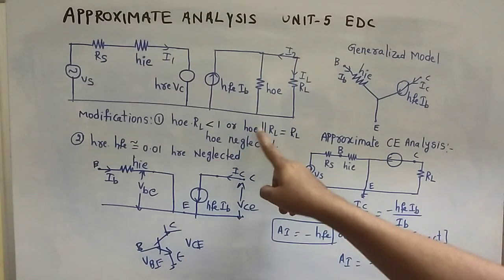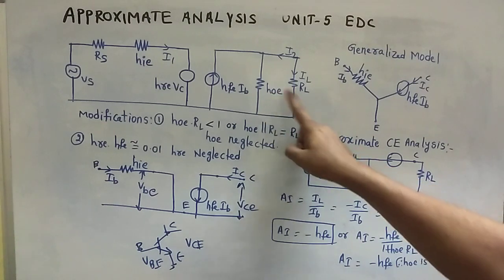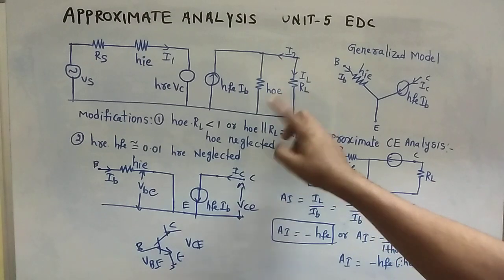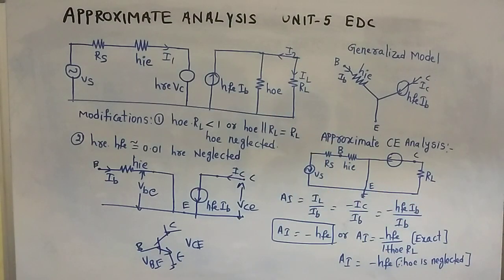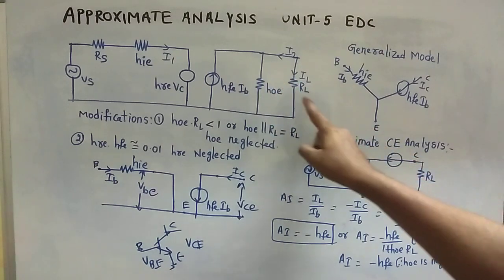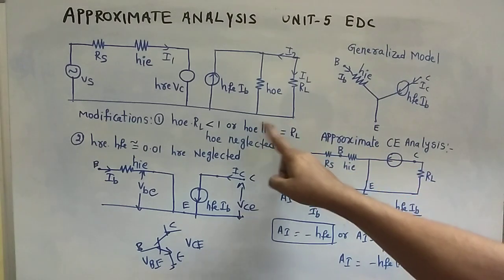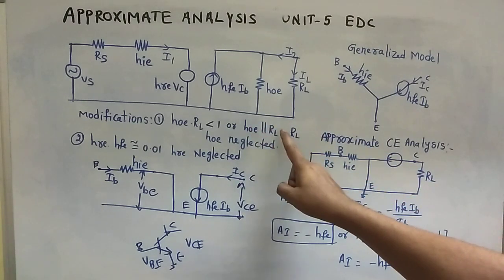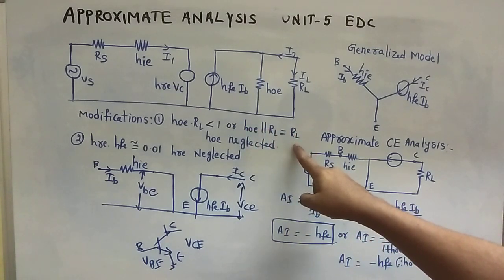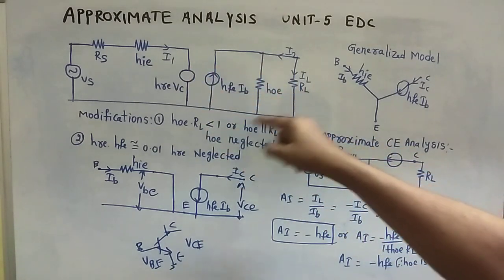Or, hoe and RL both are in parallel. Of two resistances in parallel, the one with less resistance dominates the output. hoe is very high, the output resistance is very high. RL is low resistance compared to hoe. If two resistances are in parallel, one high and one low, the resultant is a low resistance value. So that is why I am going to neglect hoe in this circuit.